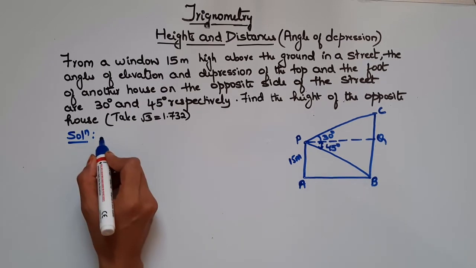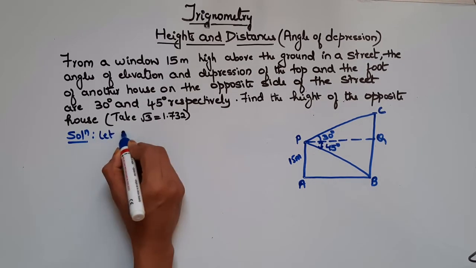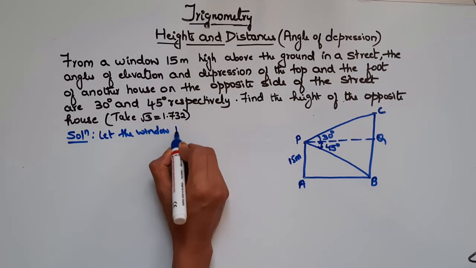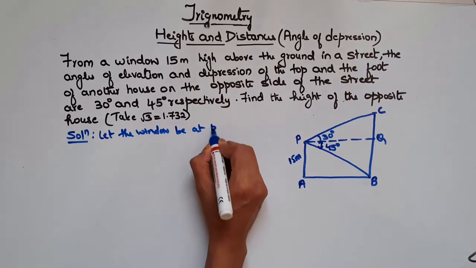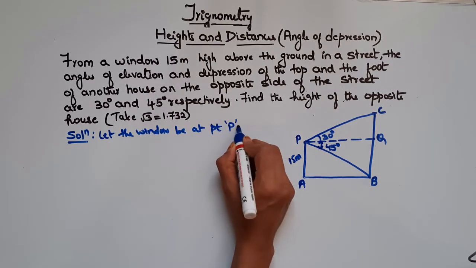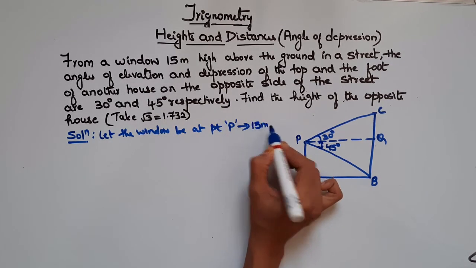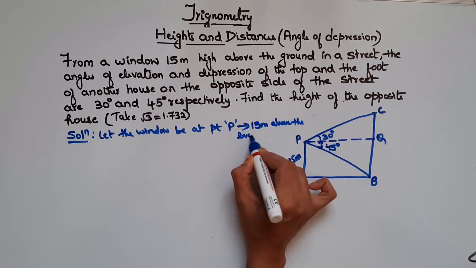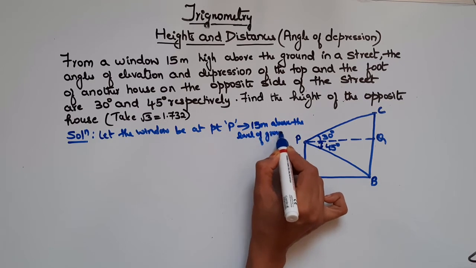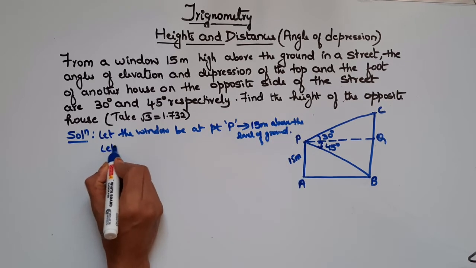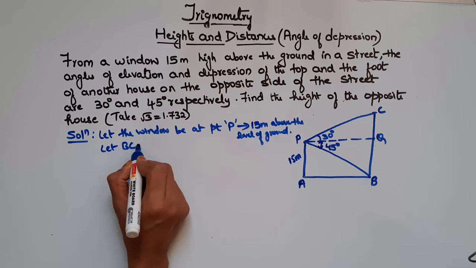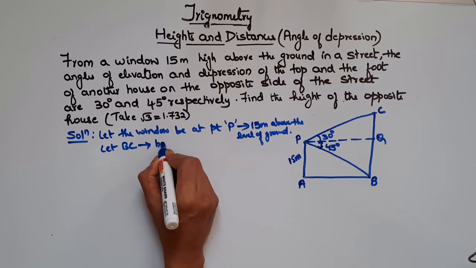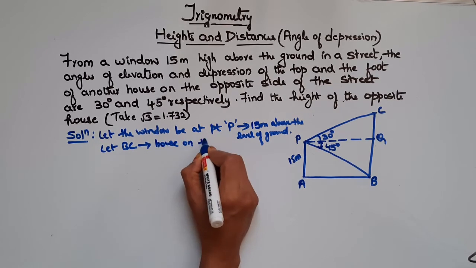First let's write these in words. Let the window be at point P which is placed 15 meter above the level of the ground. Alright, let BC be the house on the opposite side of the street.